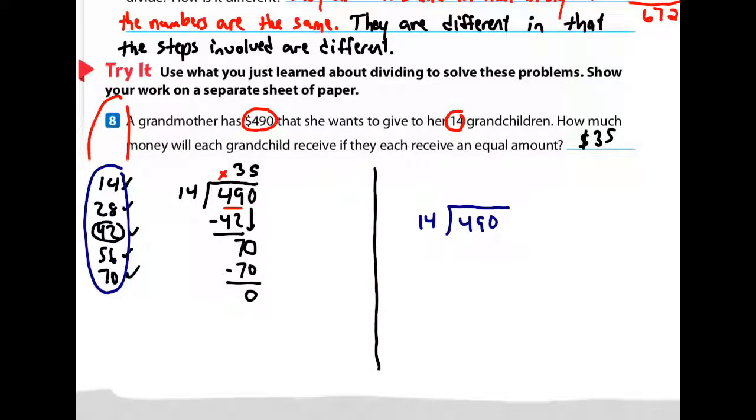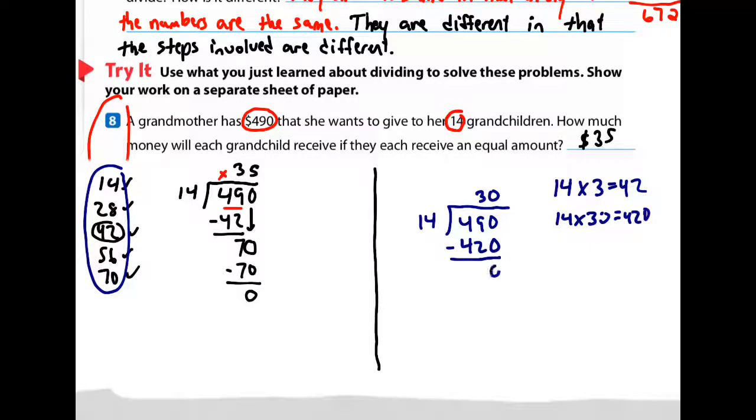Well, I'm going to use those because if I know 14 times 3 is 42, right? That means 14 times 30 is 420. So I'm going to start by saying 14 goes into 490 at least 30 times, which is 420.